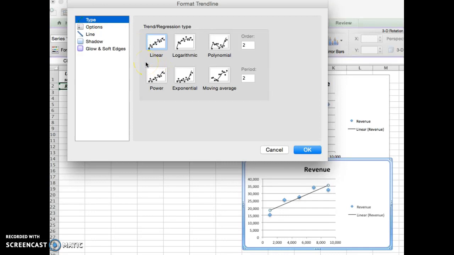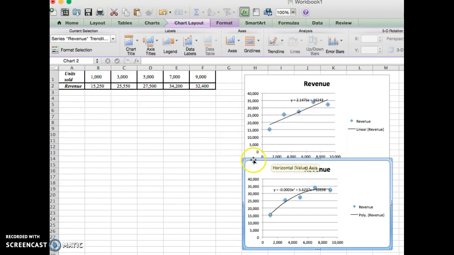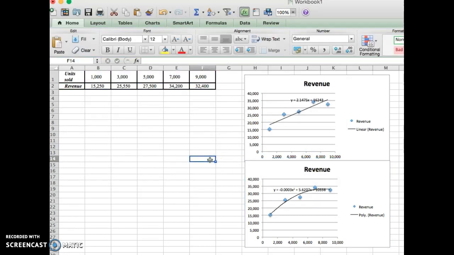Well, a parabola is an order 2 polynomial, so it's something like x to the n, but n is 2, x squared. So we get polynomial and the order is 2 because the highest power is 2. And we still go to options, make sure that we display the equation, and there we have it.